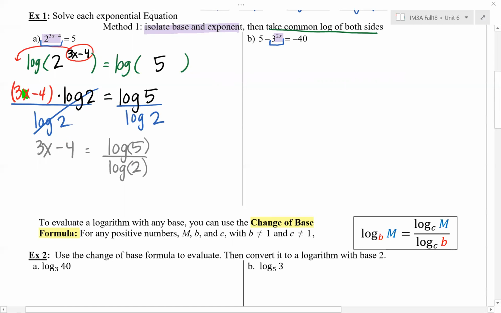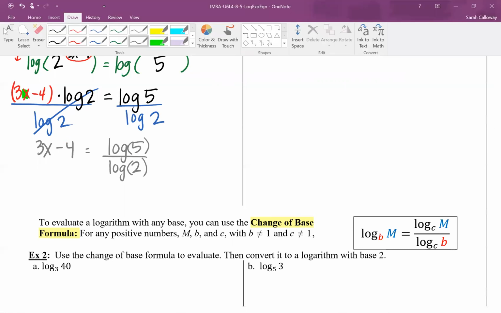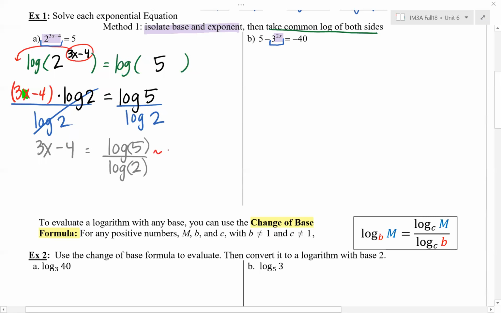Divided by, same thing with the log, should give you a parenthesis to close the parenthesis, okay? And so my calculator gives me 2.3219 for this value. So this is about 2.3219.